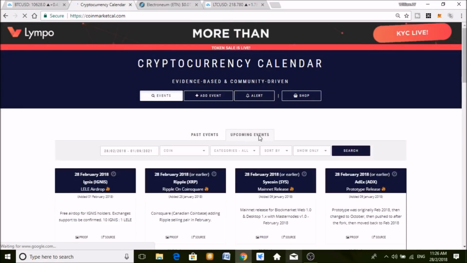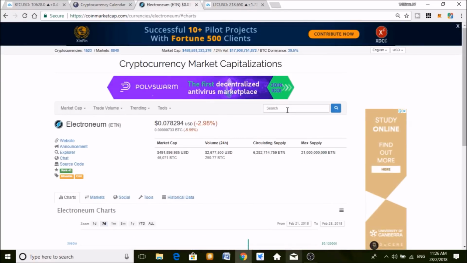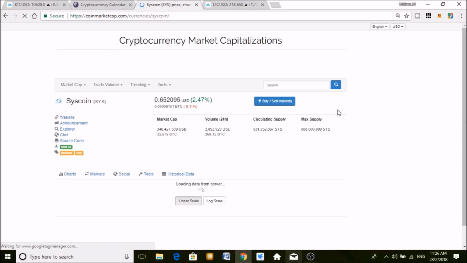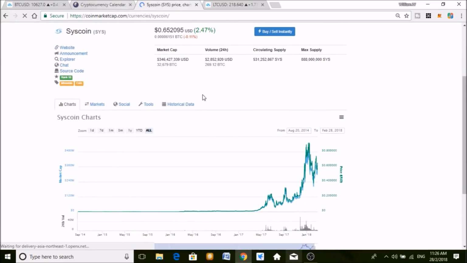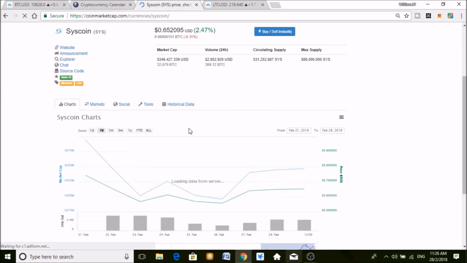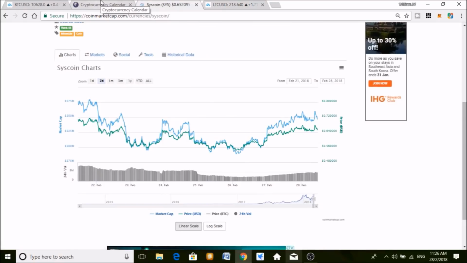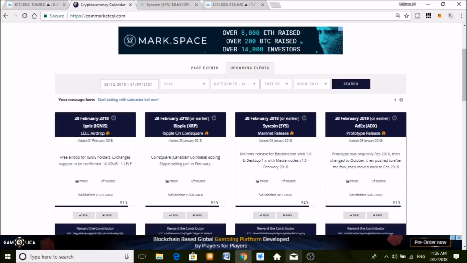If we do look at upcoming events, let's see. Mainnet release for SYS. I don't really know what SYS is, but let's have a look on CoinMarketCap. Syscoin. Let's look at 7 days. Okay. So it's supposed to release 28th of February or earlier.